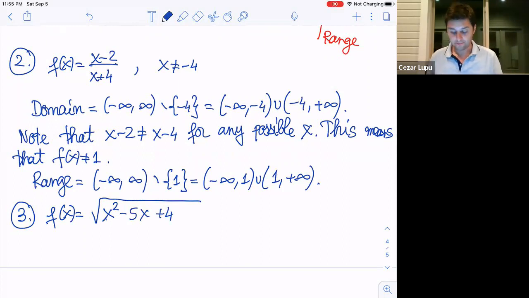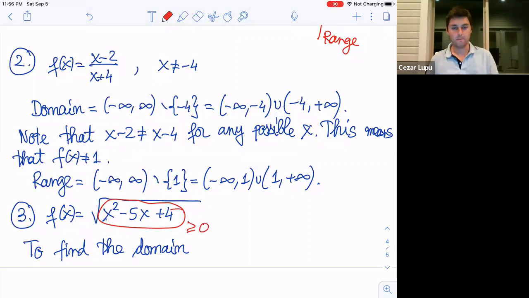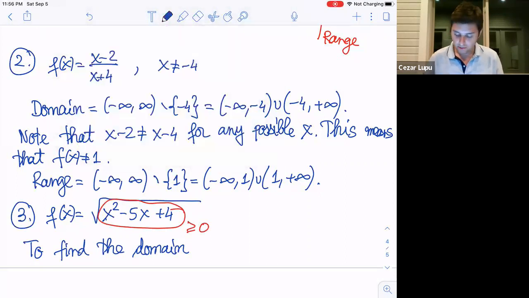And keep in mind, to find the domain, we need to make sure that the quantity inside the square root is non-negative, right? So we need that x squared minus 5x plus 4 is non-negative.